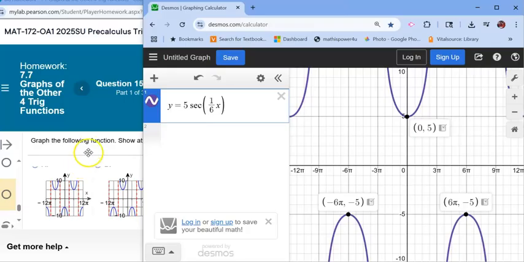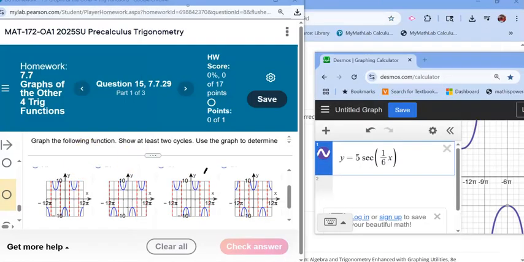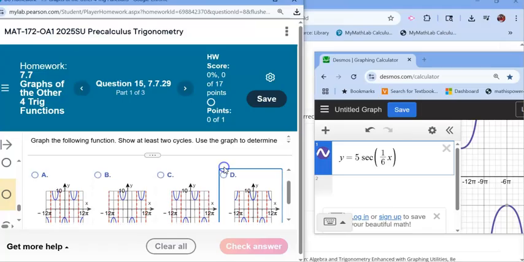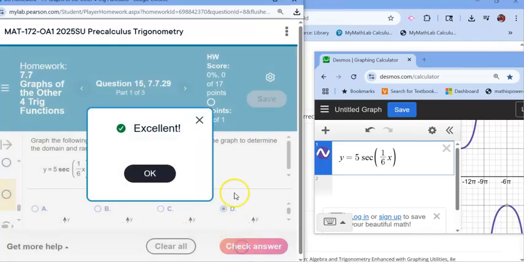So I can see as I'm looking at this that this one doesn't have one of those on the axis. This one doesn't either. This one doesn't either. So the only one that has the tick marks on the axis, the parabola centered at the y-axis, is this one right here, choice D. So that's the one that matches with the window that I have set. I'll select choice D, check my answer, and that's it.